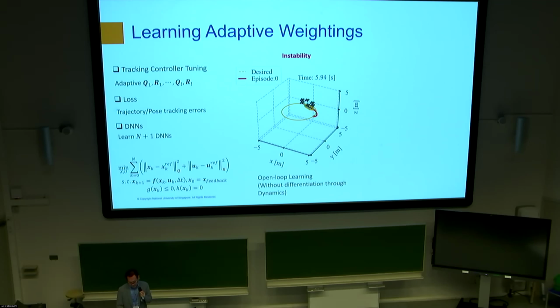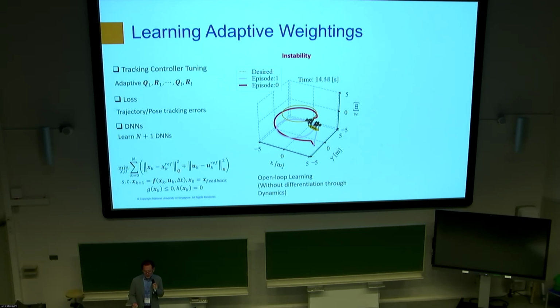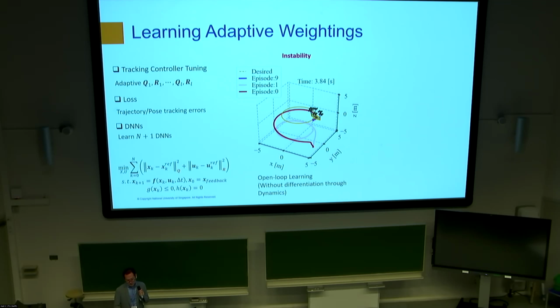And the first simulation is using the open loop learning. Basically, we backpropagate starting from the MPC output. And you can see that over a few rounds, a few episodes of training, when you apply them to the real system or the more high fidelity simulator, it will lose stability. It causes instability.